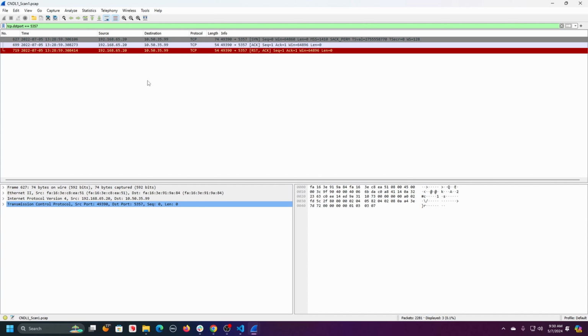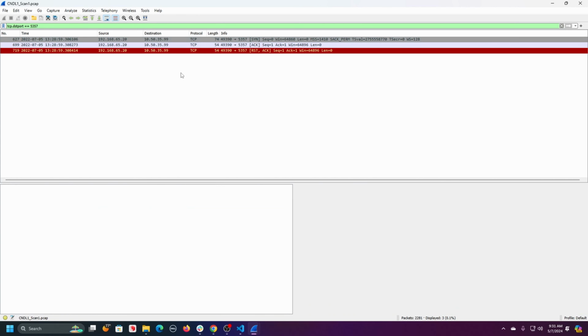And we need to remember what our scanning IP was and which one was the target. In this case, there is only the scan traffic in this capture, but when you get larger captures that have other hosts in them, some of your results might not be part of the scan.